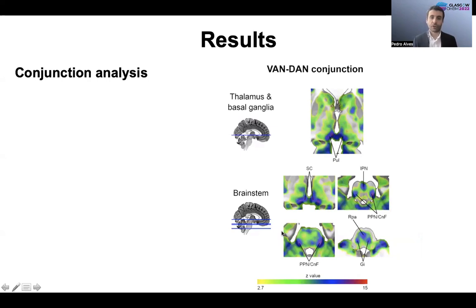Actually, the conjunction analysis showed that most of these nuclei are shared by both networks.